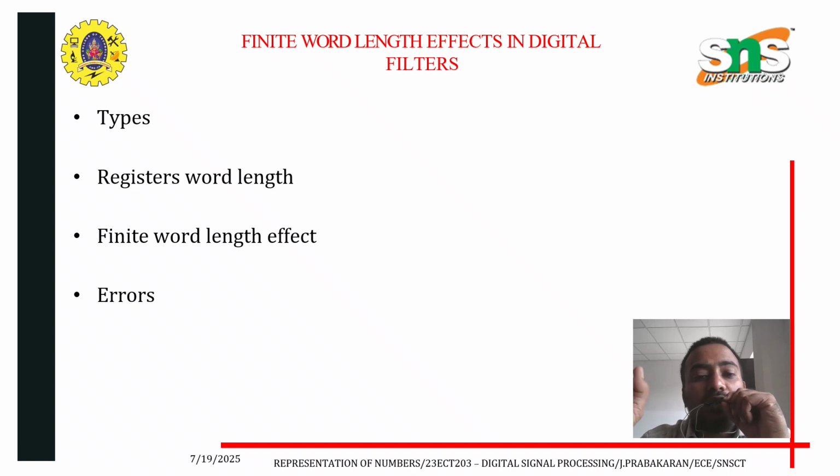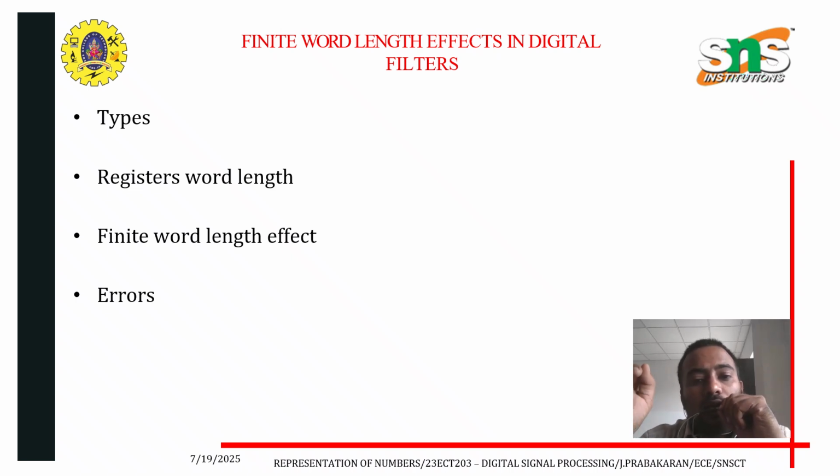The effect of truncation and rounding can be represented in terms of an additive error signal, which is called round off noise. These effects due to finite precision representation of numbers in a digital system are commonly referred to as finite word length effect.